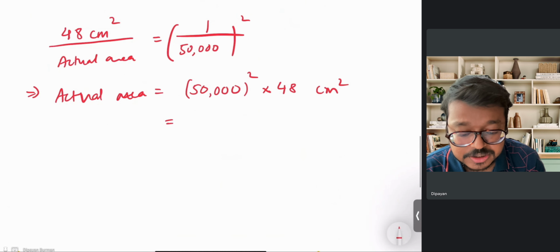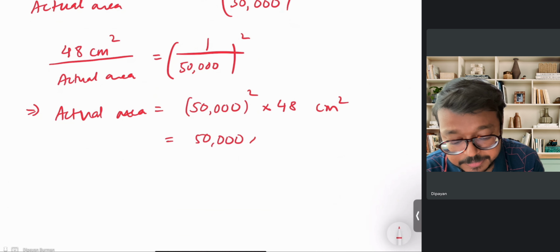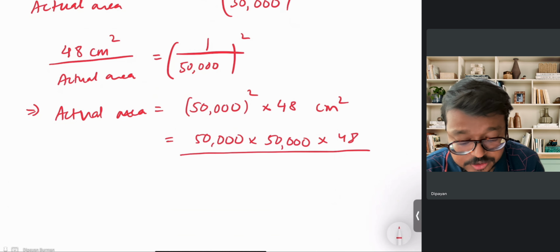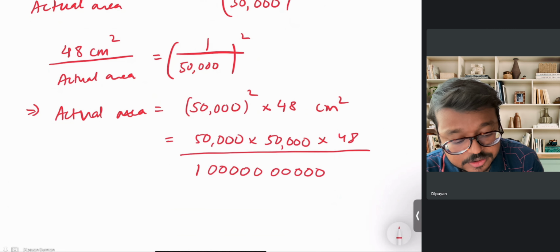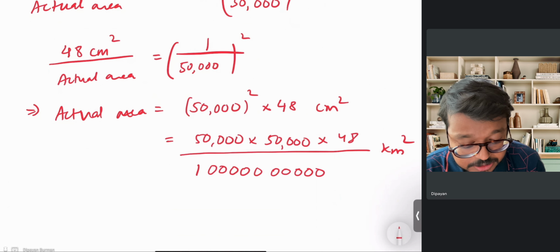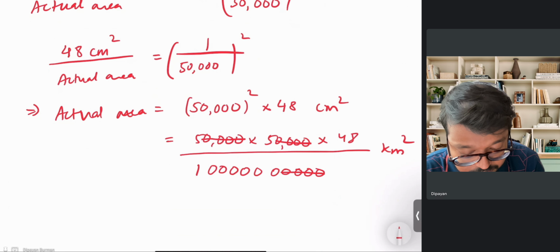So if I patiently write down, 50,000 square is 50,000 multiplied by 50,000, and now dividing with 10 to the power 10. So you have to count 10 zeros. So 1, 2, 3, 4, 5, 6, 7, 8, 9, 10. So this is the value in kilometers square. Now just patiently cross out the zeros. There are 4 zeros here. Cross out 4 zeros. Then 4 more zeros here. You will cross out 4 zeros here.